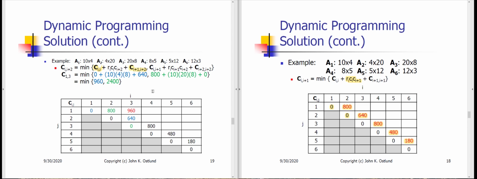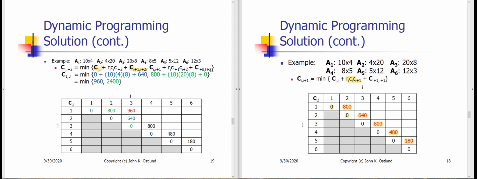C sub i plus 1,i plus 2 is definitely not 0. So we have one cost if we multiply a matrix times the product of two matrices, and we have another cost if we multiply the product of two matrices by one matrix.